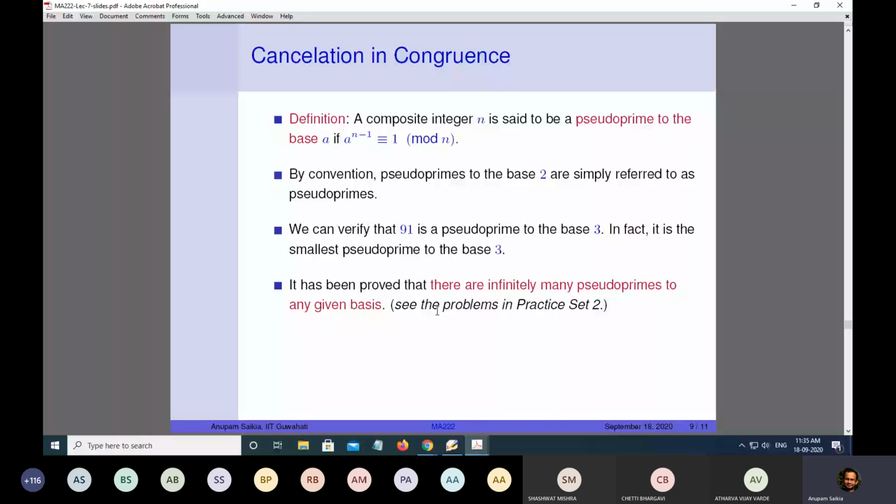Try to work out the problems from both problem sheets, and whatever your difficulties are, on Monday, and if necessary on Tuesday also, we'll discuss those problems. Maybe I'll give some hints, or maybe I'll solve some of them in this class.